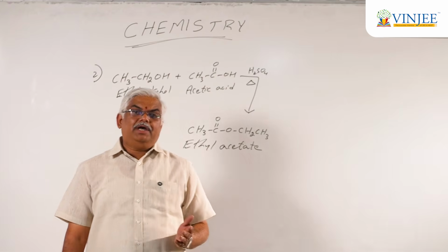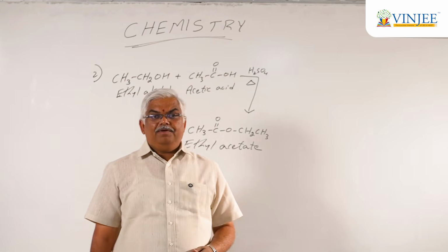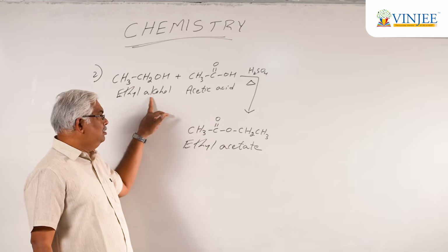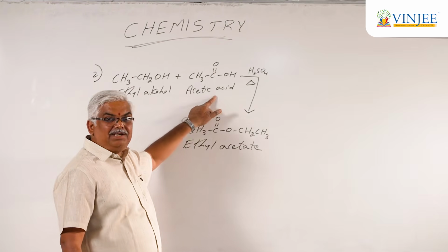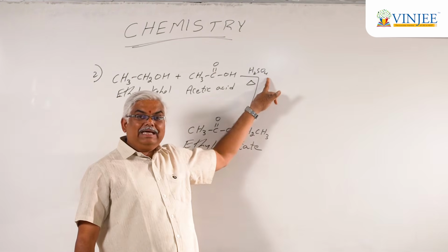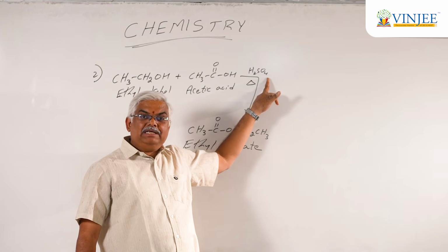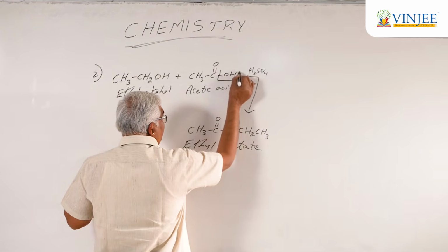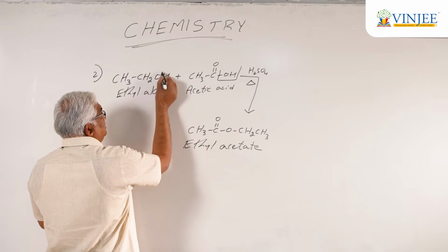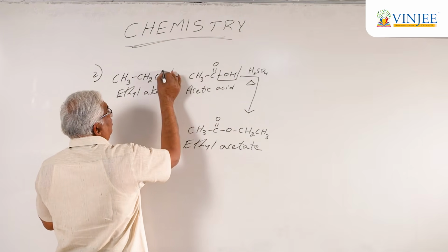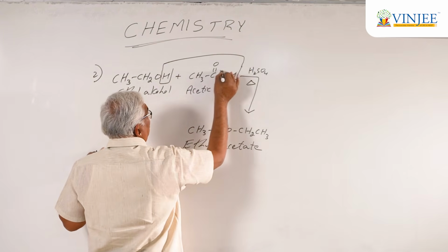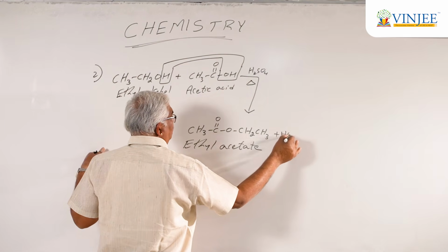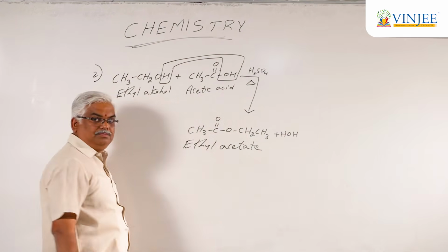Now, let's look at another property of ethyl alcohol. When you take ethyl alcohol and add acetic acid to it, in presence of a catalytic amount of sulfuric acid, upon heating, what happens? OH from the acetic acid and hydrogen from the alcohol are lost in the form of water.